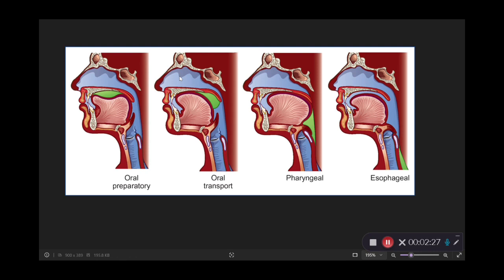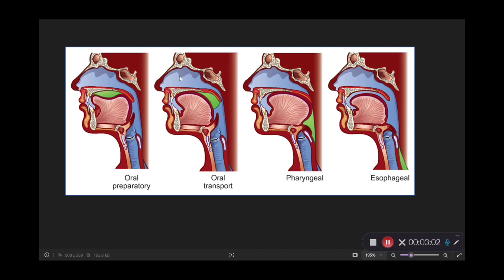So our tongue is going to contract back, which will plunge the bolus into our esophagus. So we just went over the oral transport phase, which is the second image on here. And then from there, our epiglottis is the piece in our throat that covers our airway when we're swallowing.